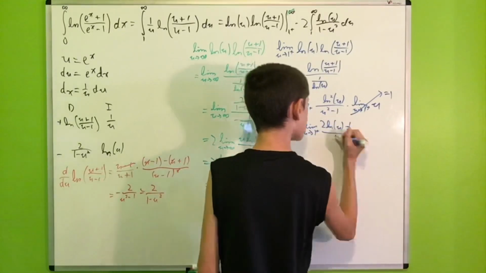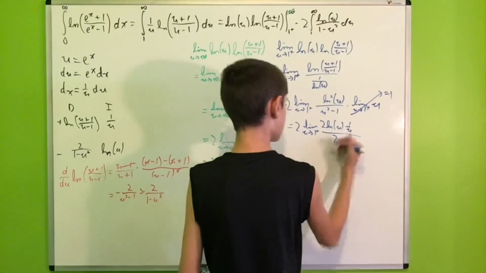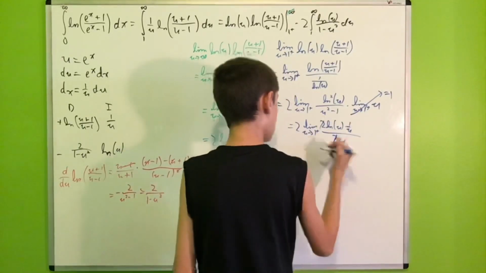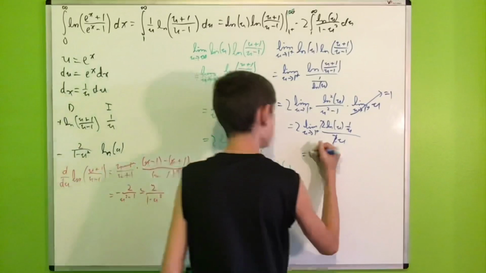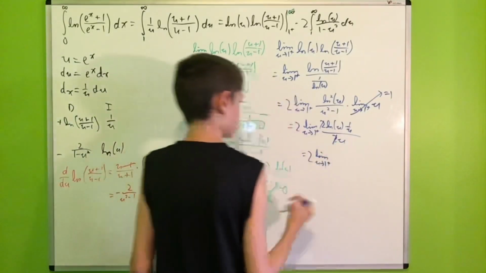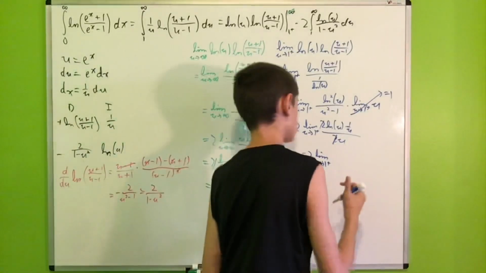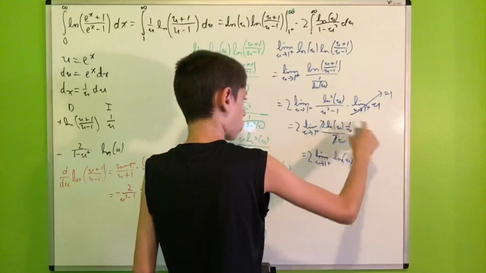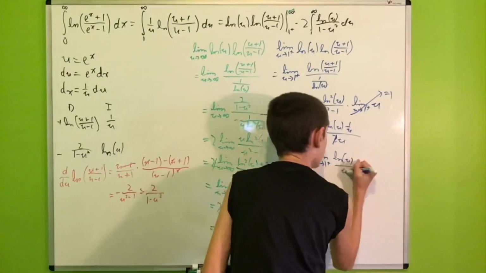In the bottom we will get 2u. These 2's right here cancel out, and we're left with our 2 times the limit as u goes to 1 from the positive branch of natural log of u over 1 over u times 1 over u, which is just 1 over u squared.